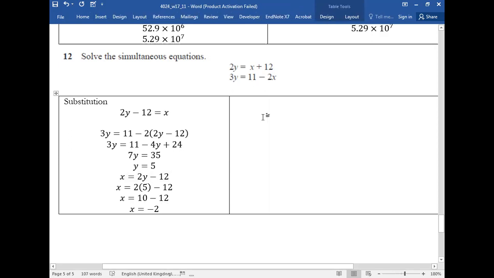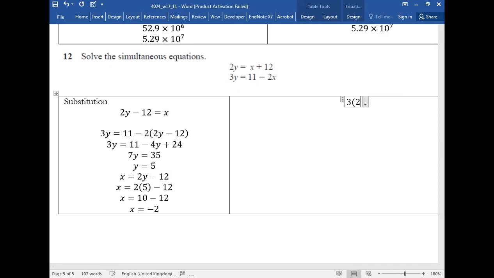Now, if you want to use elimination, you must make the same coefficients. किसके coefficients same करोगे? Good. If anyone wants to do elimination, you have the choice to make same coefficients for any particular variable. X या Y, किसका same करने की कोशिश करोगे? Which one? Y? Okay. In order to make the same coefficients Y के, you want to multiply this one by 3.